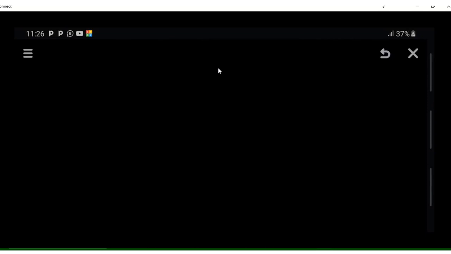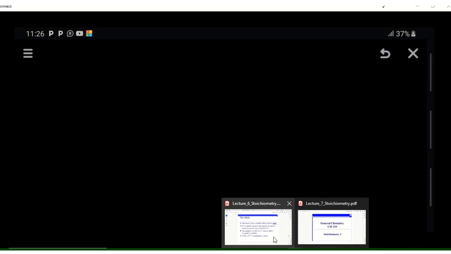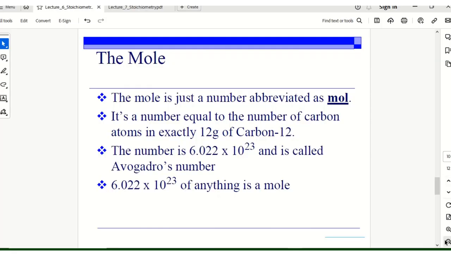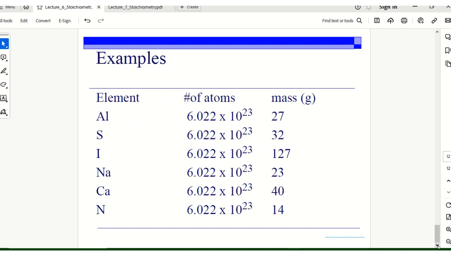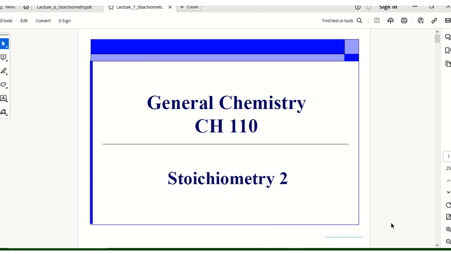Two, use each element's molar mass to convert the grams of each element to moles.